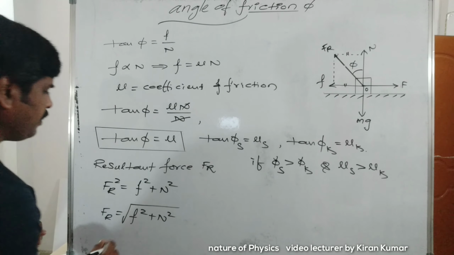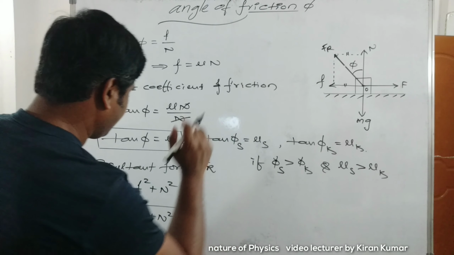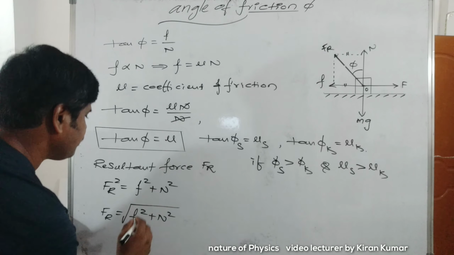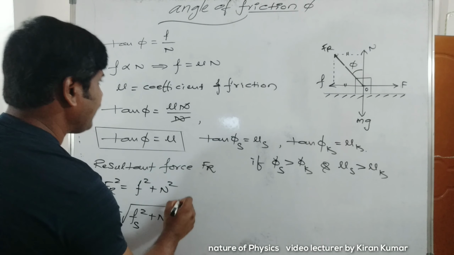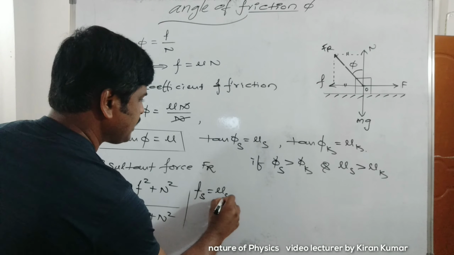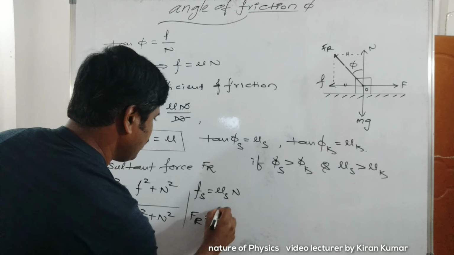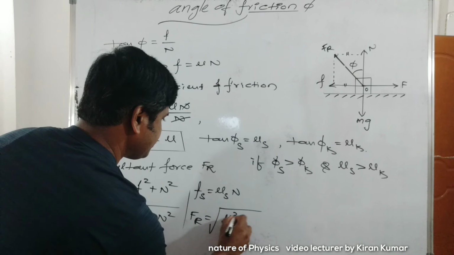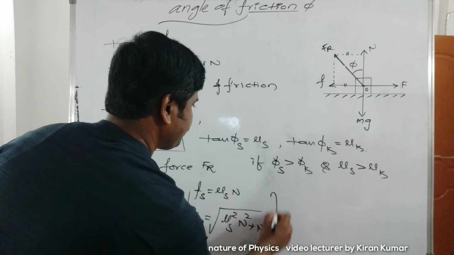Now I am replacing static friction because the body is at rest. So this is taken as Fs, where Fs is equal to mu s into N. So Fr is equal to root over mu s square N square plus N square.